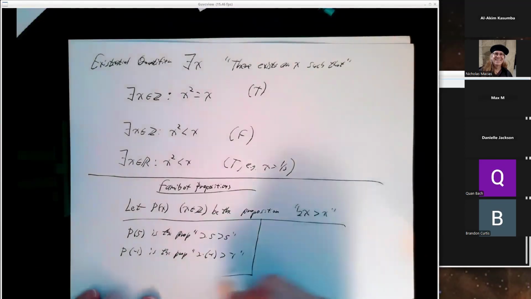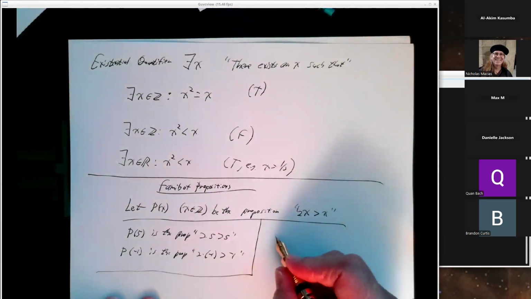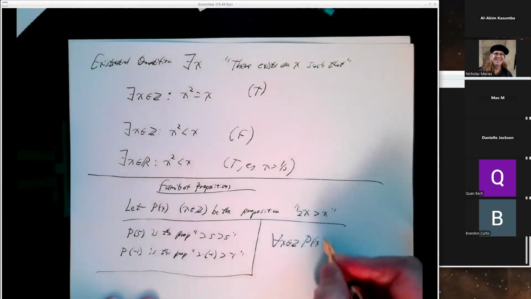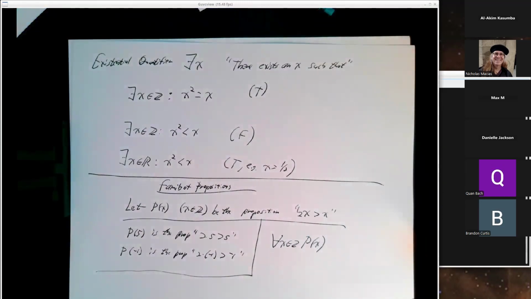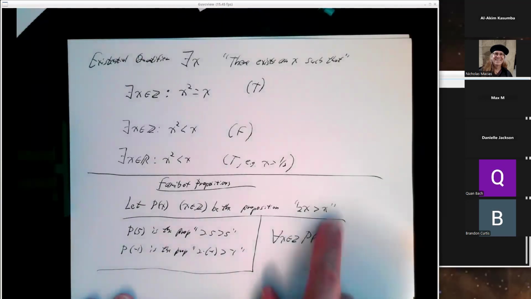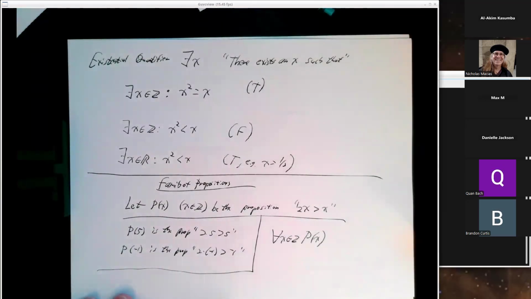So now I can make a new proposition which says something like for all X in the integers P of X. So this is the proposition that for all integers X, 2 times X is bigger than X.